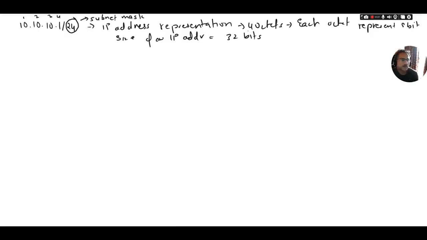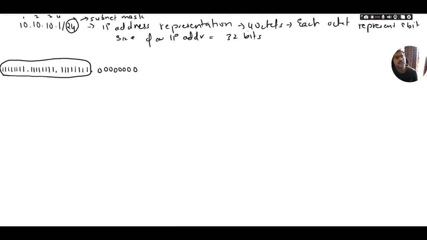If you convert this into binary, these 24 bits are on.